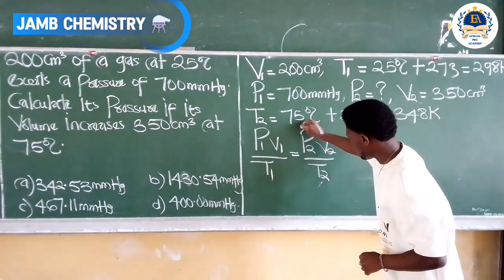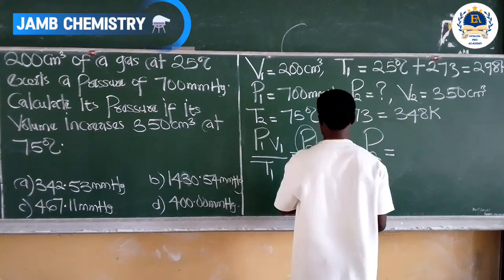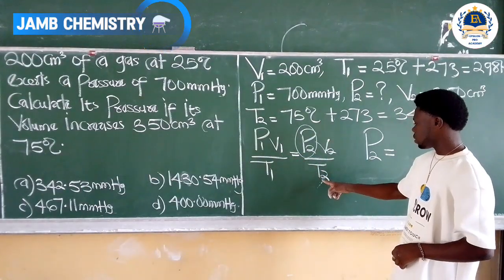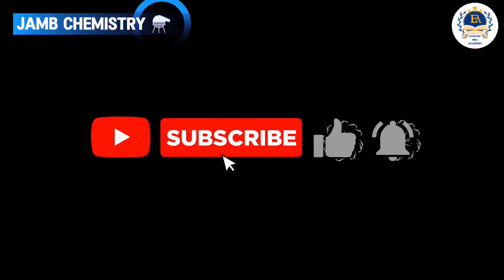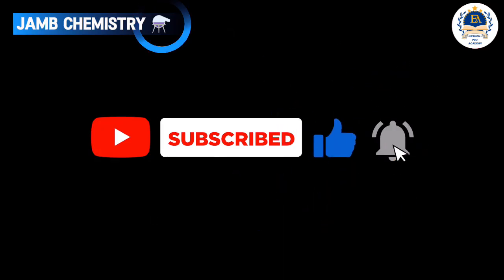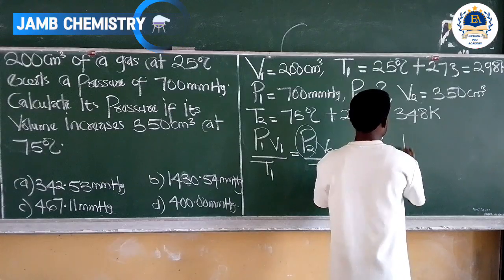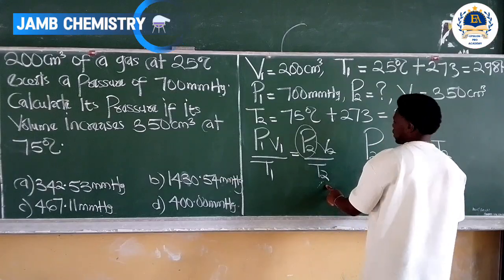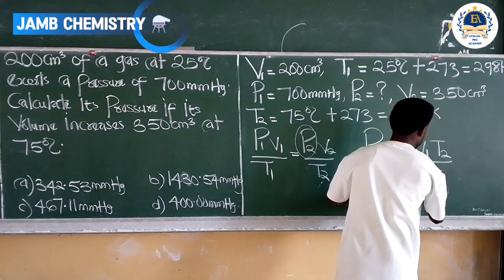Cross-multiplying, we have P2 is equal to P1 V1 times T2, all divided by V2 times T1.